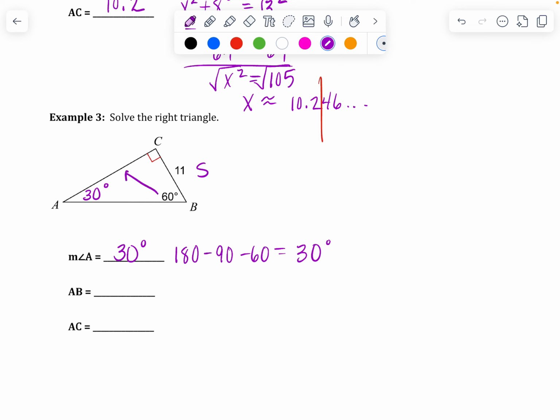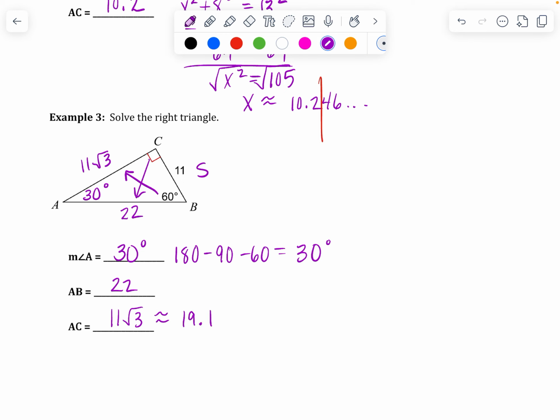So that means the long leg, which is across from the 60, is 11 root 3. And the hypotenuse, which is across from the 90, is double your short leg, which is 22. So AB is 22, and AC is 11 root 3. And if you want to convert the 11 root 3 to a decimal, you get about 19.1 if you round to the nearest tenth.